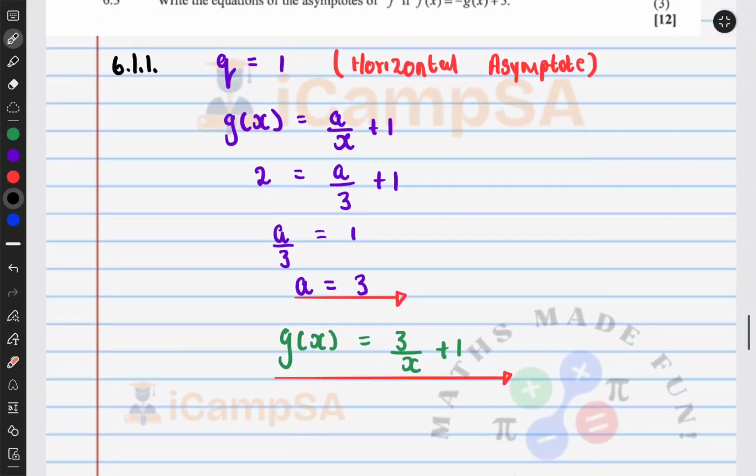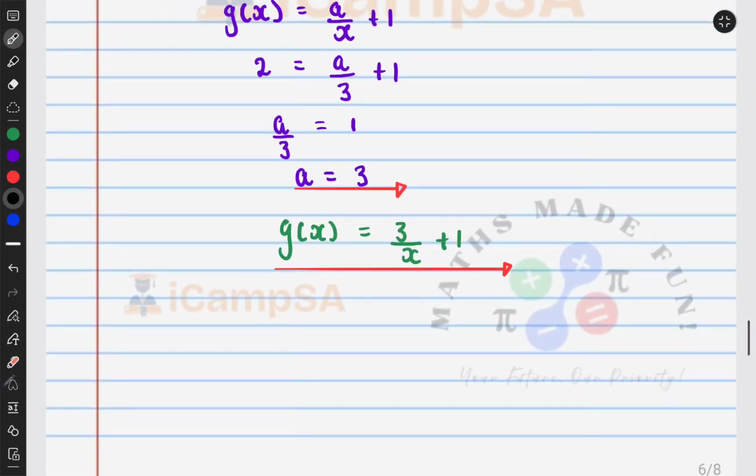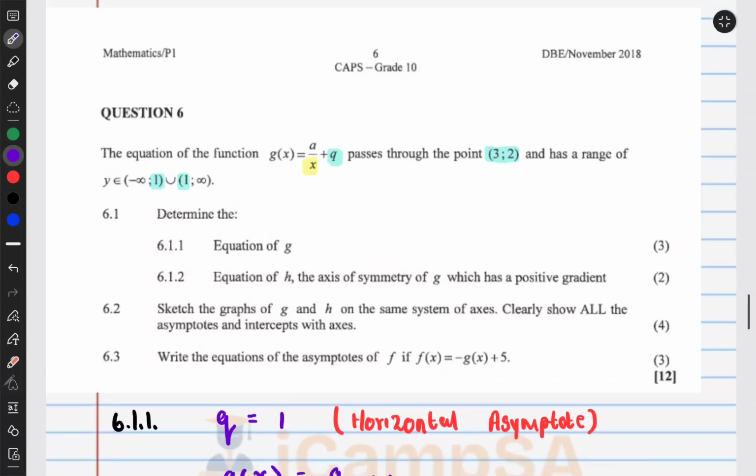So for 6.1.2, the equation of the axis of symmetry is going to be y is equal to x plus 1. That plus 1 is for what? It is for the asymptote.